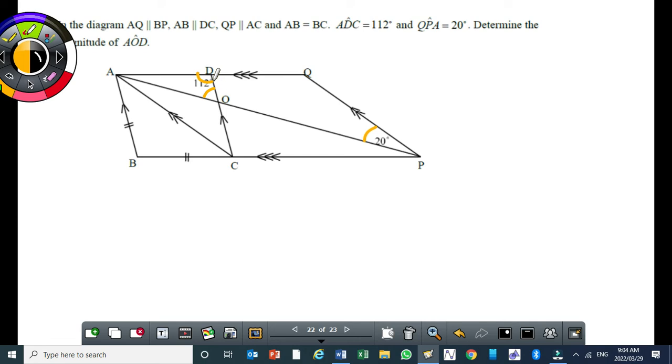Now, do you agree with me that AD is parallel to BC? Right? So what that means is this angle here is equal to 112. Do you see that? Also, since this is 20, this angle there is going to be equal to 20 degrees.